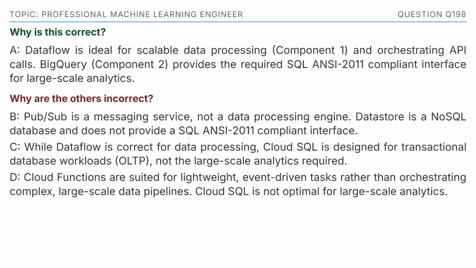Datastore is a NoSQL database and does not provide a SQL ANSI 2011 compliant interface. C. While Dataflow is correct for data processing, Cloud SQL is designed for transactional database workloads, OLTP, not the large-scale analytics required. D. Cloud functions are suited for lightweight, event-driven tasks rather than orchestrating complex, large-scale data pipelines. Cloud SQL is not optimal for large-scale analytics.